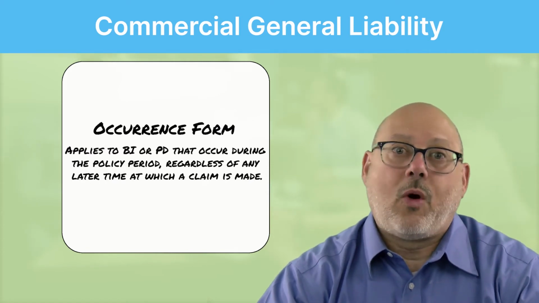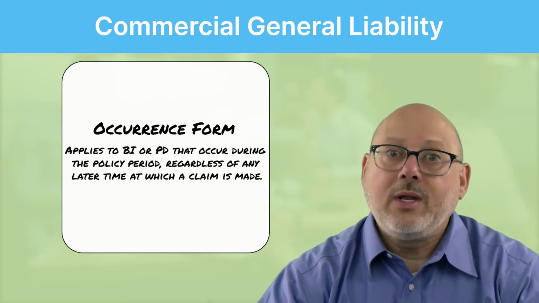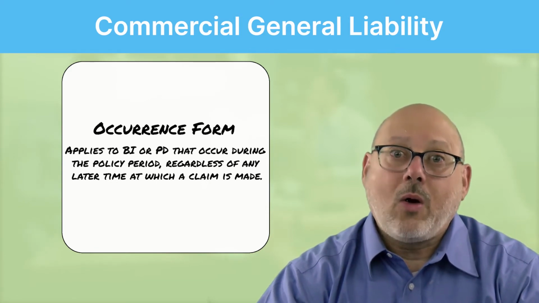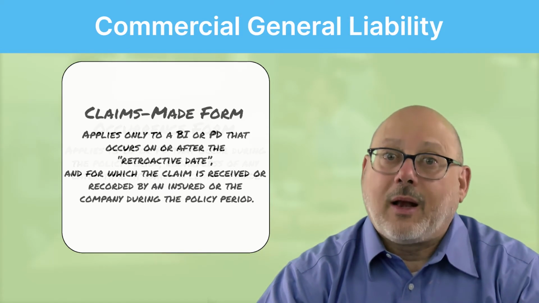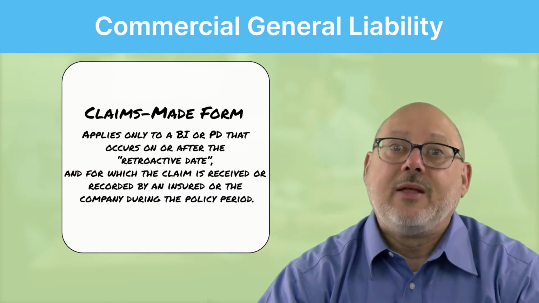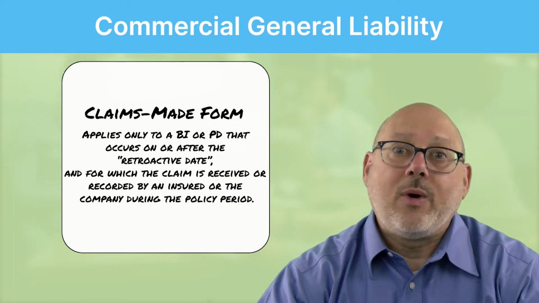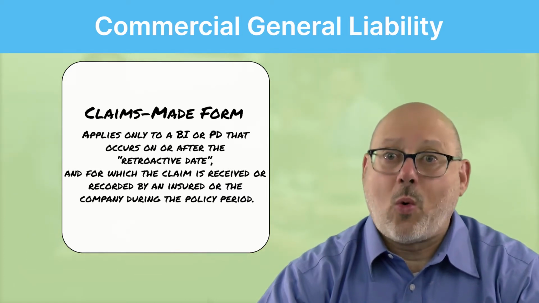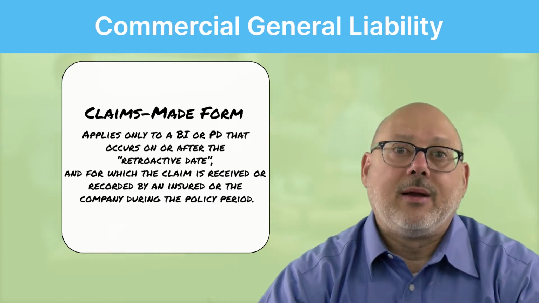The occurrence form applies to bodily injury or property damage that occurs during the policy period, regardless of any later time at which a claim is made. The claims-made form applies only to bodily injury or property damage that occurs on or after the retroactive date, and for which the claim is received or recorded by an insured or the company during the policy period.